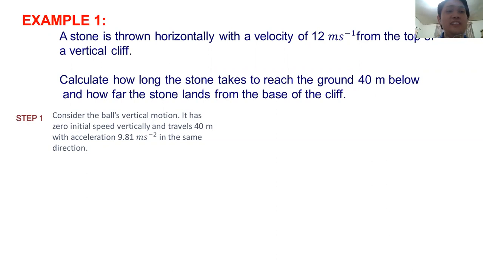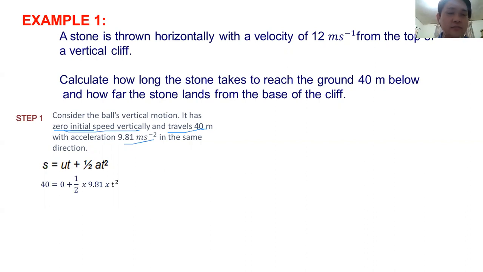Step 1, we consider the ball's vertical motion. It has a 0 initial speed vertically, and it travels 40 meters with acceleration due to gravity, which is 9.81 meters per second squared. So we use the formula S is equal to UT plus 1/2 AT squared.